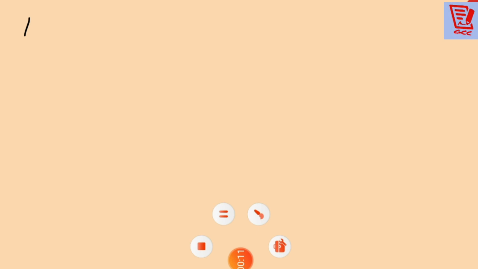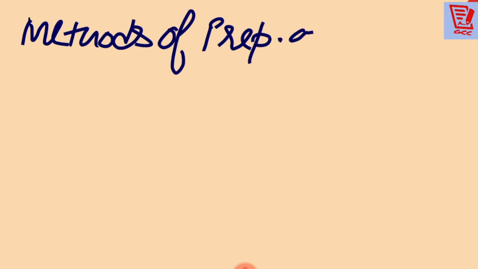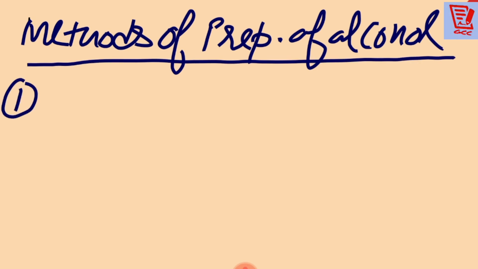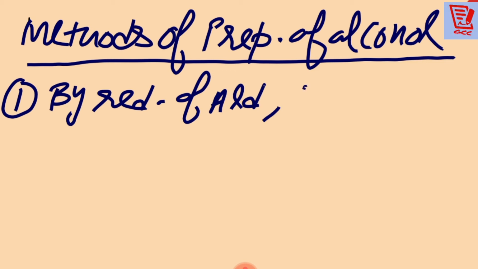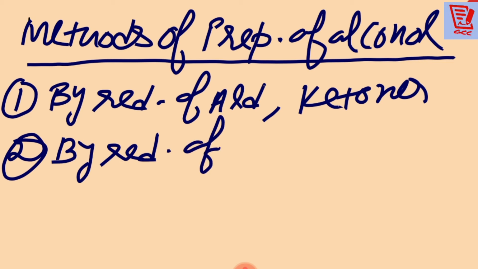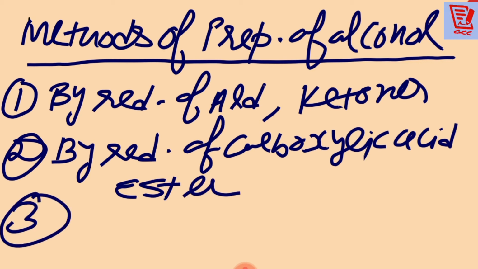Usually, number one is by the reduction of aldehyde and ketones, and number two is by reduction of carboxylic acid and esters.